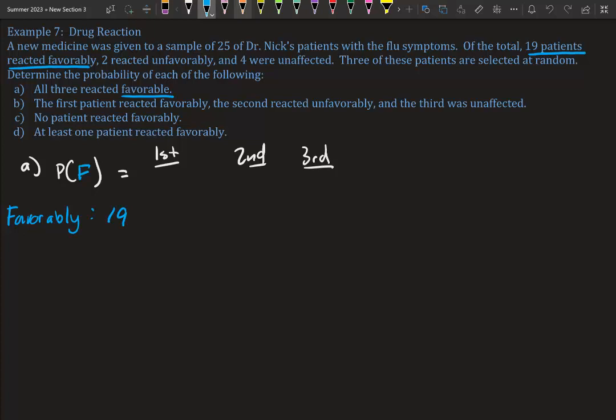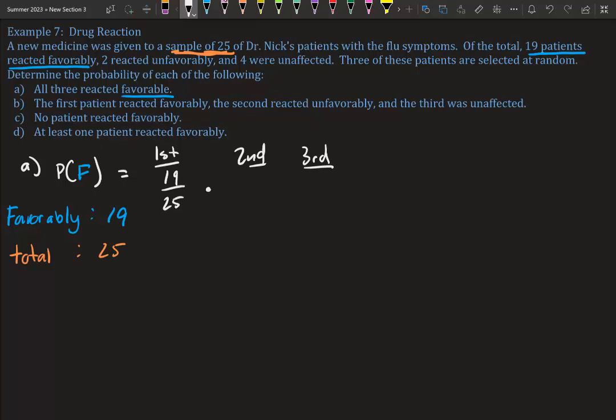And total, we have 25 people total. So 19 out of 25 acted favorably for the first pick. We haven't picked anybody. It's a fresh pick. So we actually have 19 out of 25.